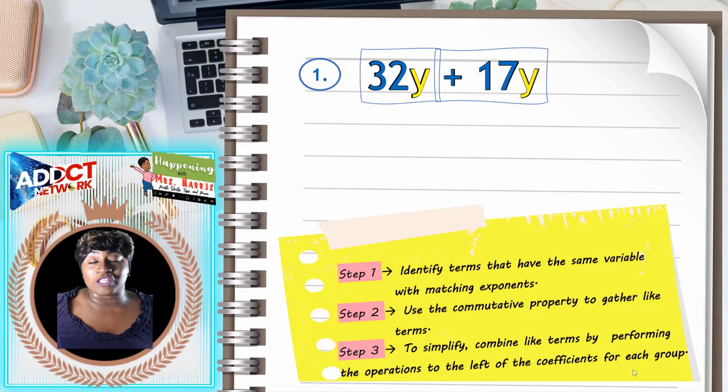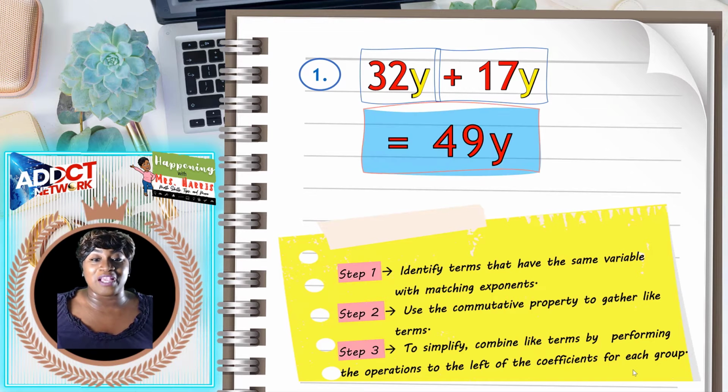So since both expressions have the letter y and 17, on the left side of 17, there's a plus sign. Therefore, we will add the coefficients 32 plus 17. Therefore, 32 plus 17 equals 49. Our expression will be 49y.